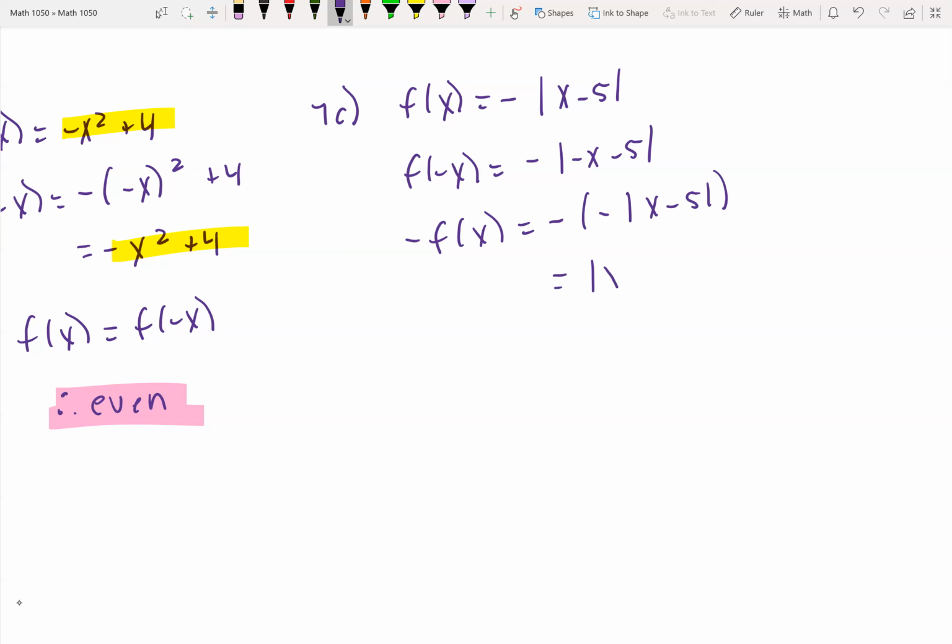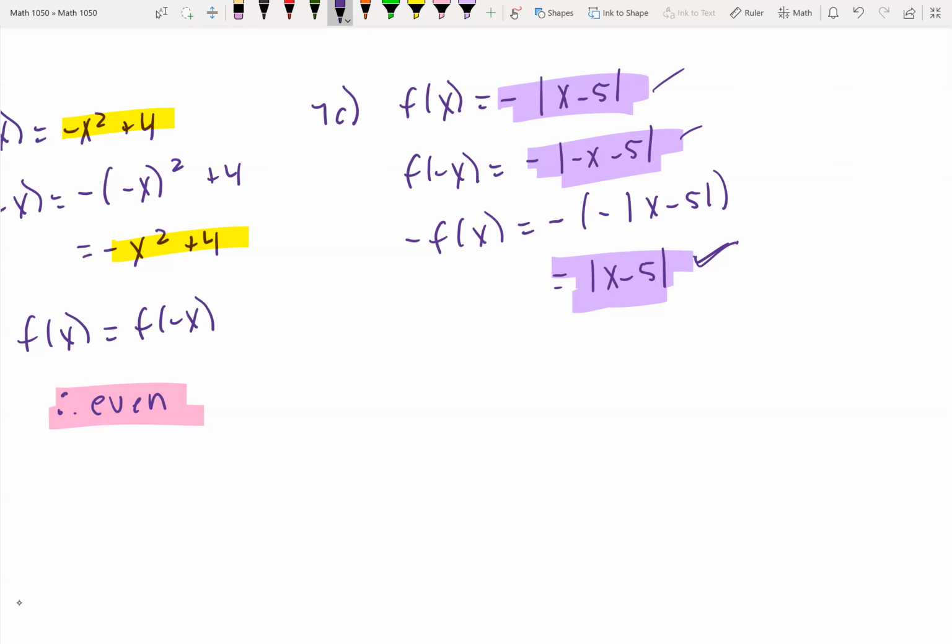Well, a negative times a negative is a positive. So there you go. So I'm comparing this to this to this. This guy right here, he's not going to be equal to anything because these guys have a negative in front and that one doesn't. And these absolute values will always be a positive sign. So this guy will always be positive and these guys will always be negatives.